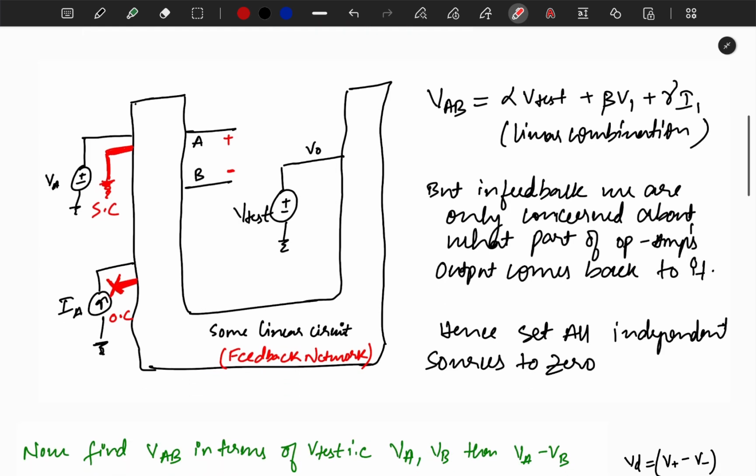So I have written a linear equation where VAB is VA minus VB. It is some alpha times V test, the output voltage, where I'm using some coefficient alpha.